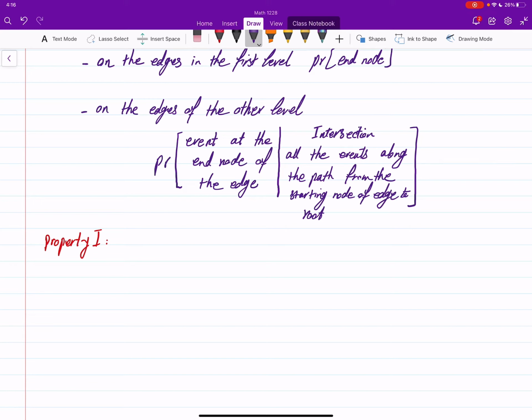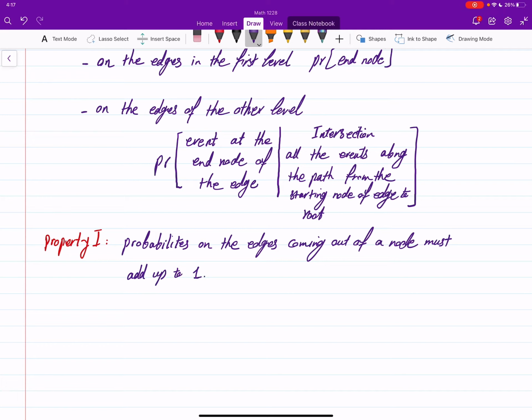So probabilities on the edges coming out of a node must add up to 1. And this, you see, is clear.